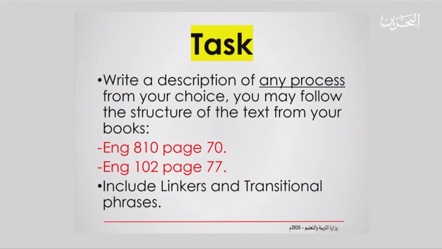It will help you to write something similar, and it will help you in practicing. You can use English 810 for the seniors, which is on page 70. For the first level, from the unified track, you may use the English 102 book, page 77. Don't forget that you have to use linkers as well as transitional phrases.